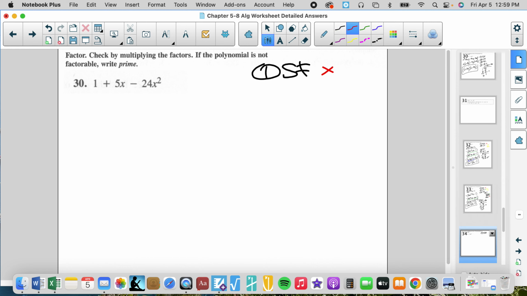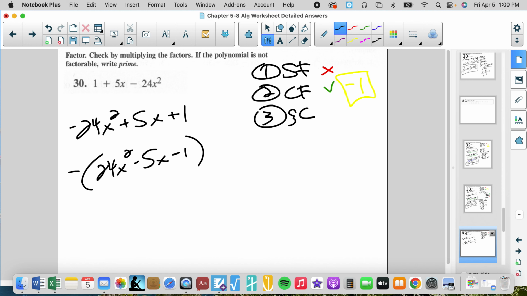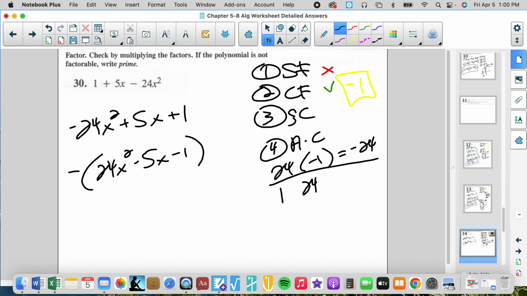So, standard form, nope. Let's rewrite it in standard form. -24x squared plus 5x plus 1. Common factor, yes. I have to factor out a -1. Let's factor out that -1, 24x squared minus 5x minus 1. Special case, no. A times C, 1. No, I keep doing 1. 1 and 24 and -1, which makes 24. 1 and 24, 2 and 12, 3 and 8, 4 and 6.